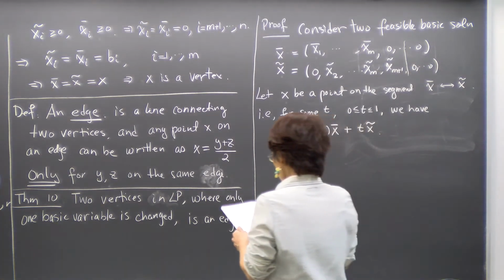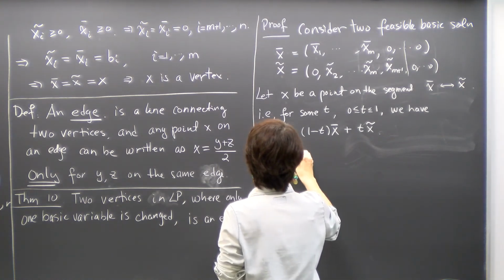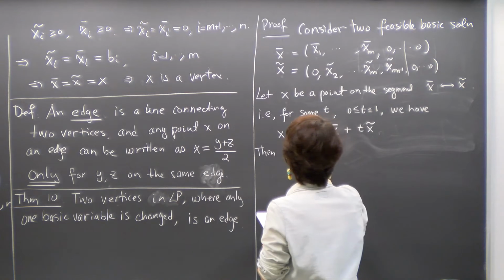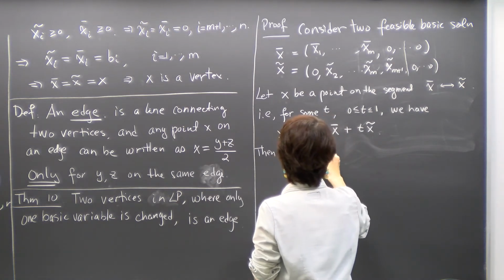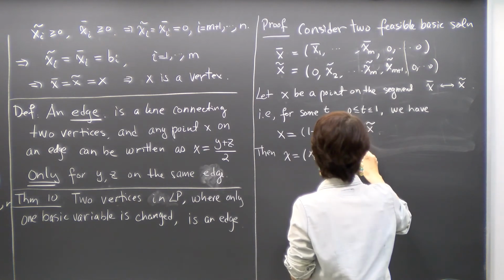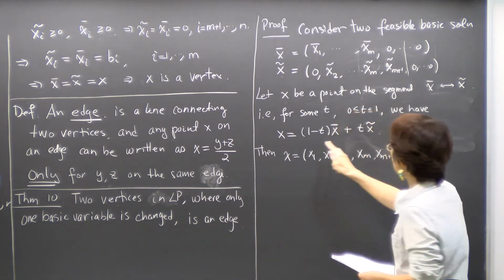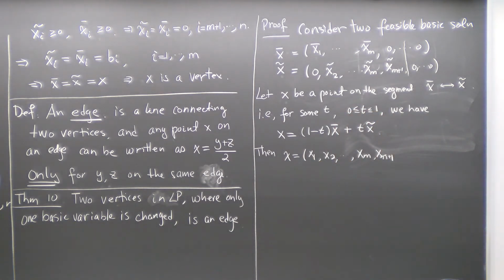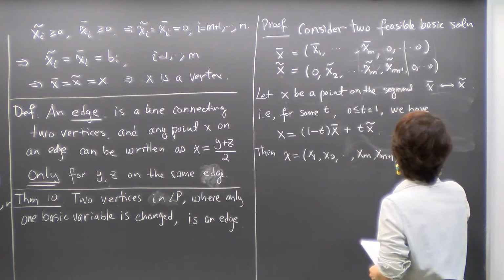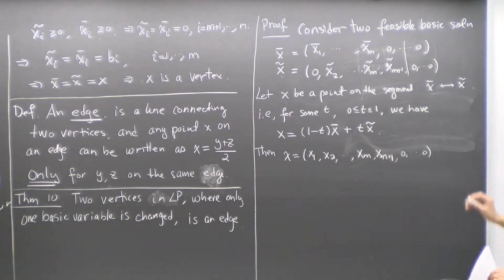So my x must have the following form. x equals x1, x2, all the way to x m plus 1. So the first m plus 1 could be non-zero, but the others would all be 0. Is that right? That's called the form star.